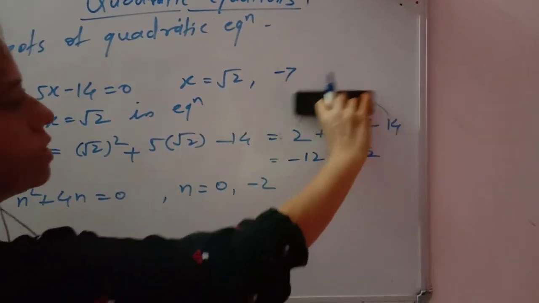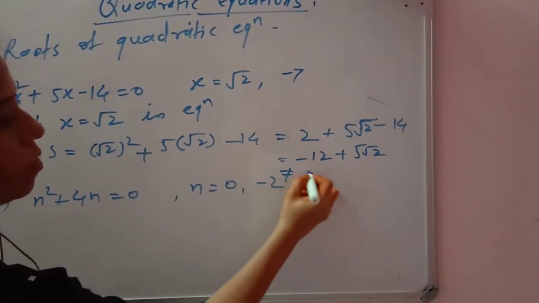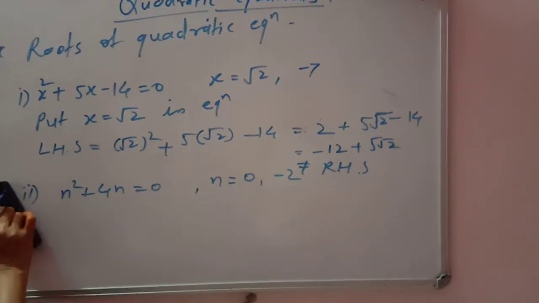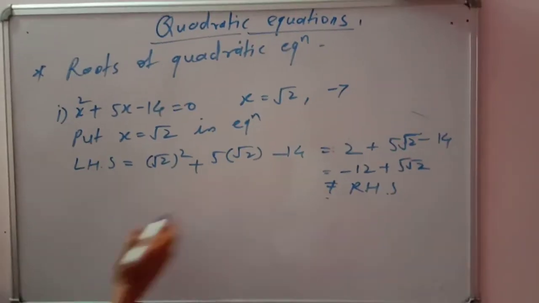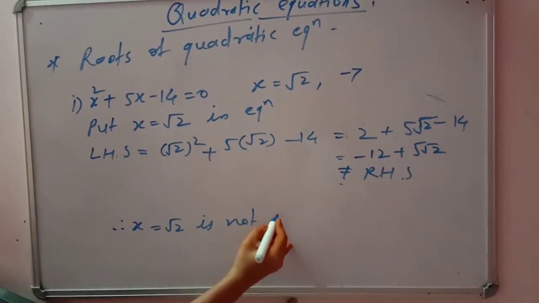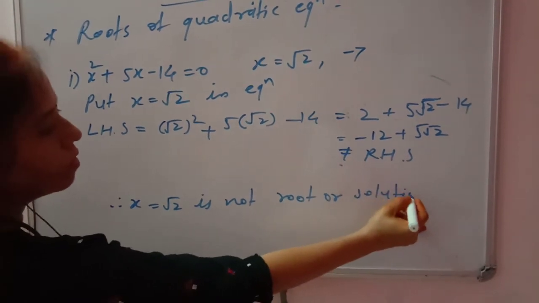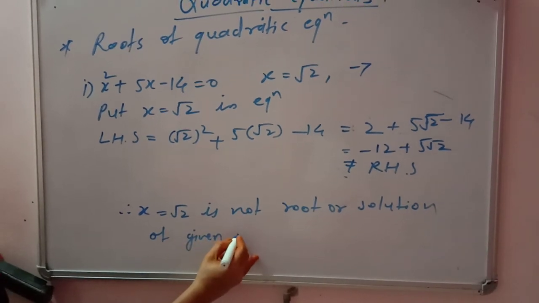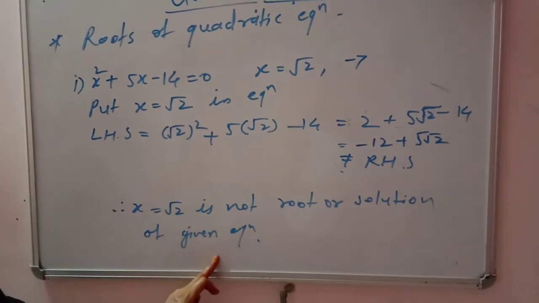And what is our RHS? That is 0. Are LHS and RHS equal? No, it is not equal to RHS, and therefore x equal to root 2 is not a root or solution of the given quadratic equation. Why is x equal to root 2 not a solution of the given quadratic equation?